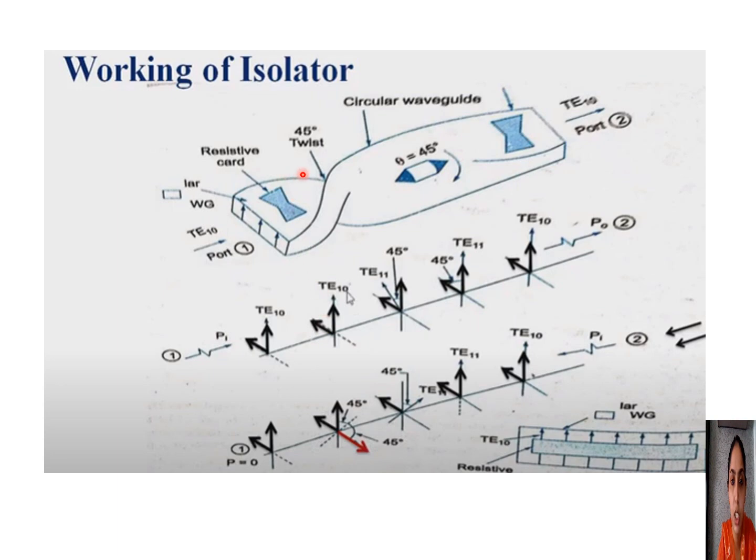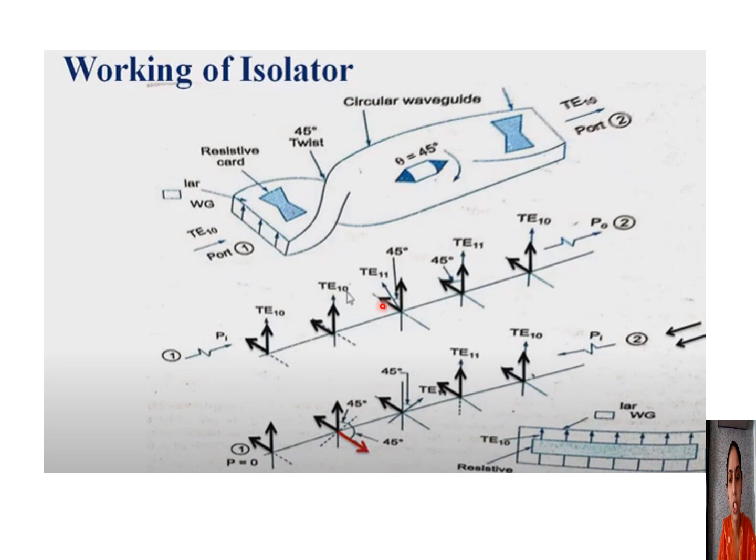It will enter this twist. A 45-degree twist is provided in the waveguide. Because of this twist, the plane of polarization is shifted by 45 degrees, in the anti-clockwise direction, not clockwise.